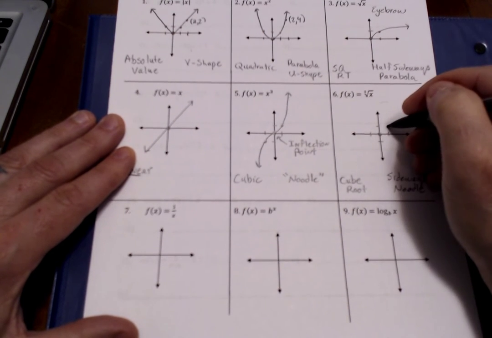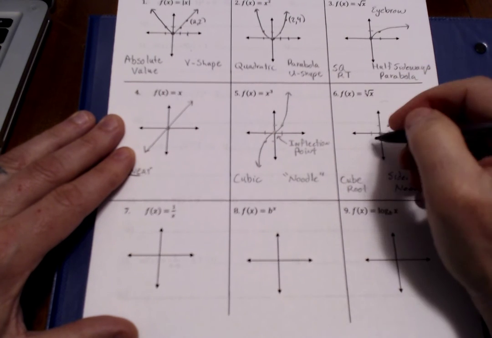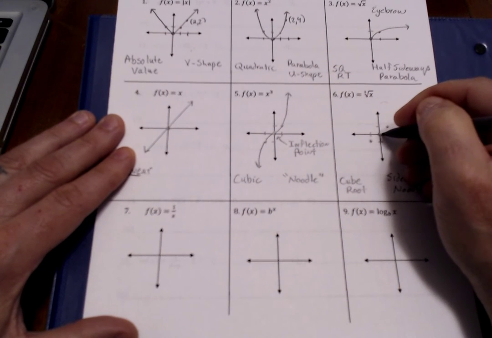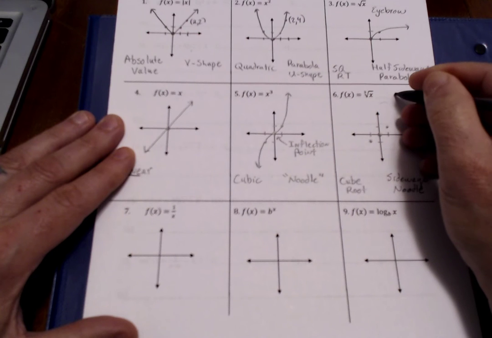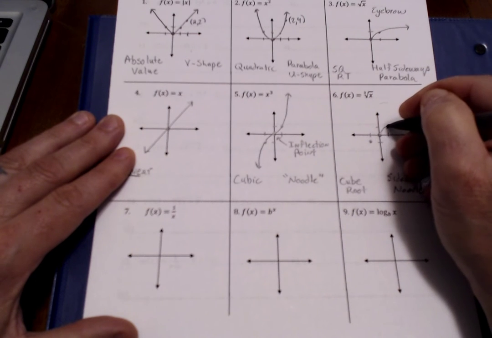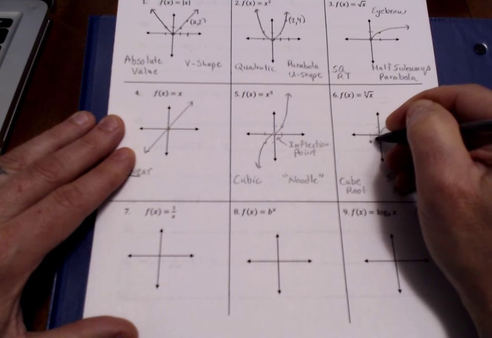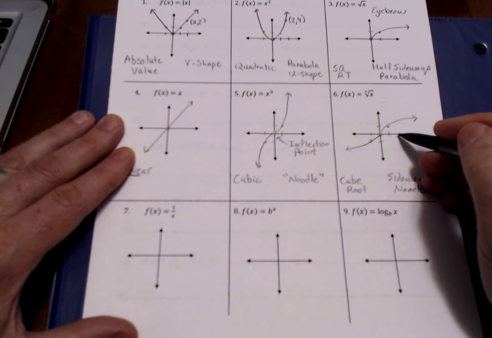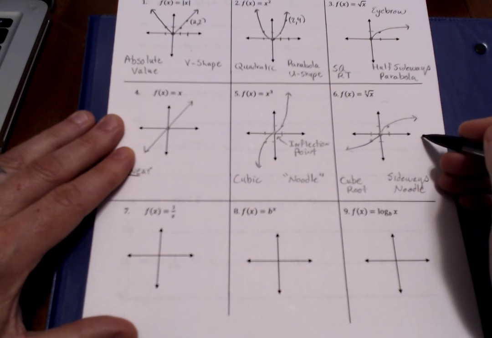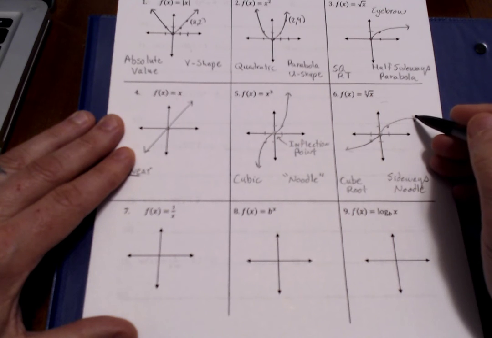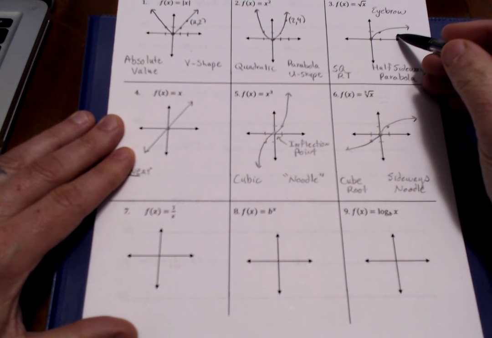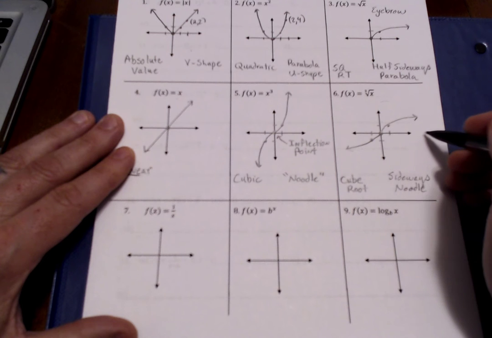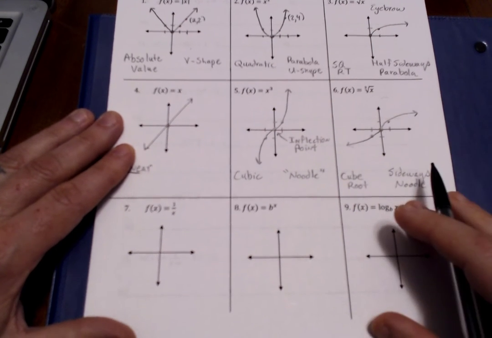Cube root of 1 is 1. Cube root of -1 is -1. Except this doesn't rise fast like a noodle. It goes slow, just like a square root. Because the next good number that you could plug in would be 8. Cube root of 8 is 2. Up here, the square root of 4 was 2. So you have to go much farther this way on a noodle to move up.